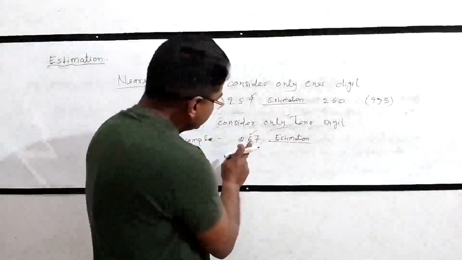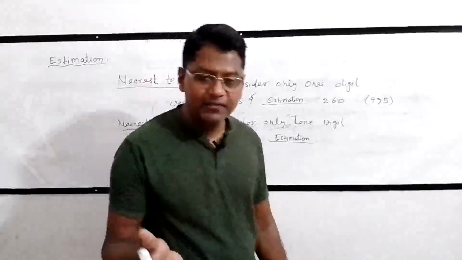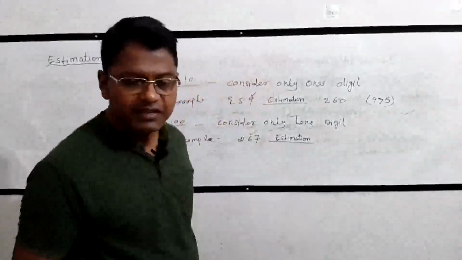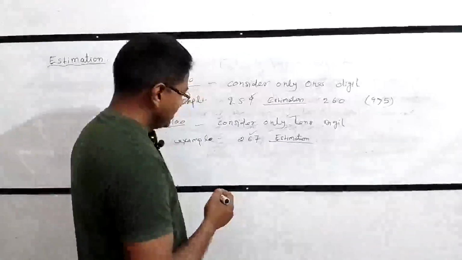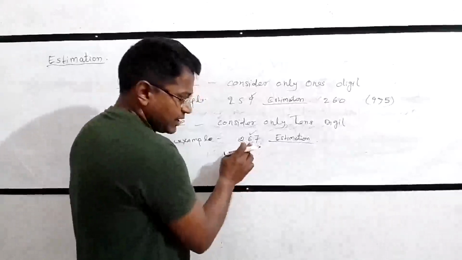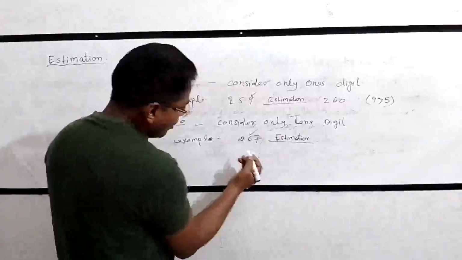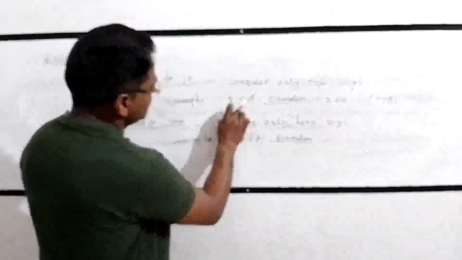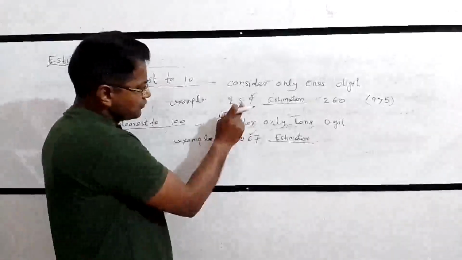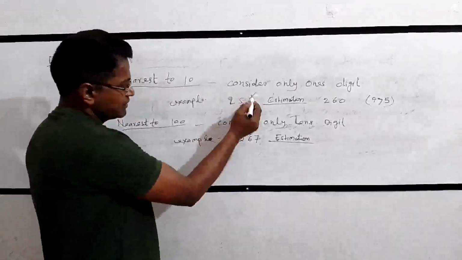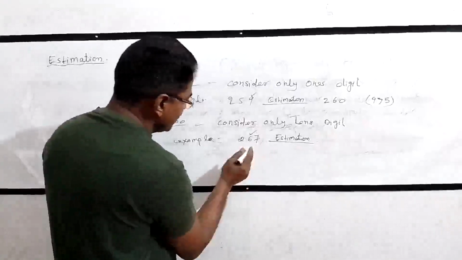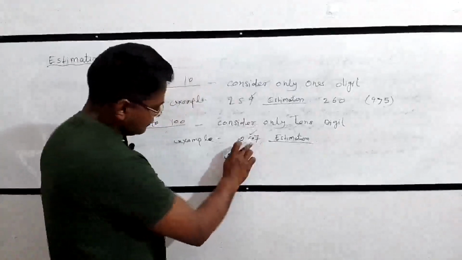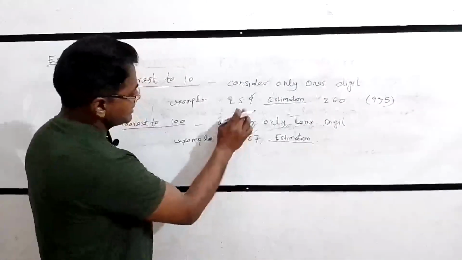Understood? If this digit is equal to or greater than 5, then the round figure will be the next number. Here you will round off the entire number, because this is for 100, while earlier it was only for 10.